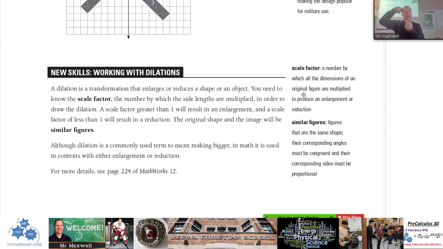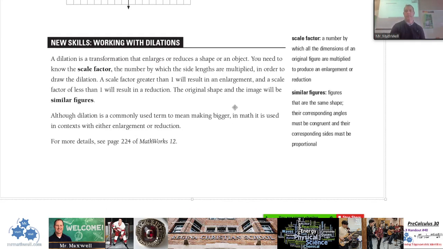That's how it's calculated. If the scale factor was 1/2, that means from the original, the model is 1/2 the size. Each dimension is 1/2. Similar means that they're the same shape but different size.